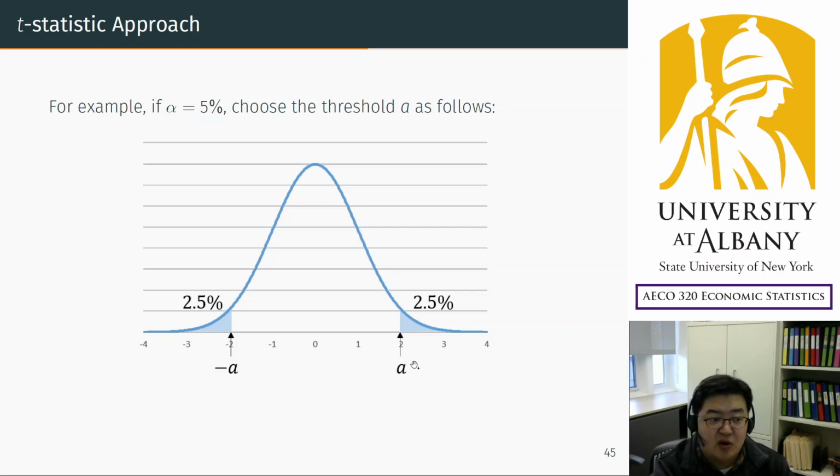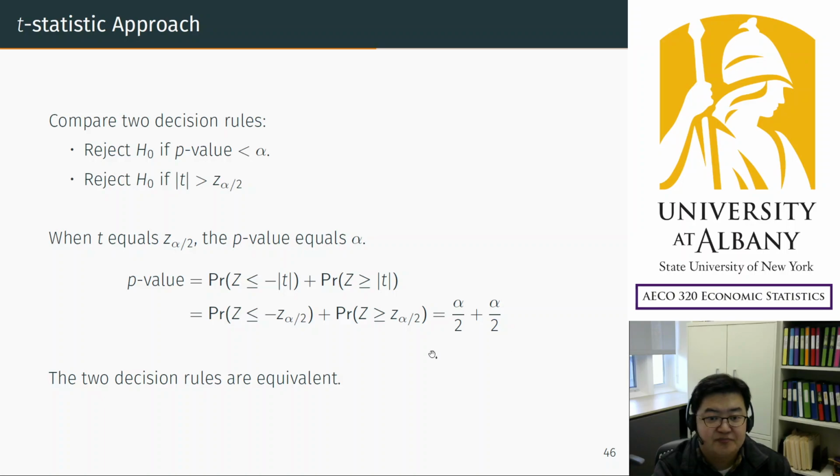Exactly, this is what we did, and if you remember the numbers, it was 1.96, right? And if you choose it this way, then the p-value approach and t-statistic approach are equivalent. We designed the numbers so that those two approaches are equivalent, right?